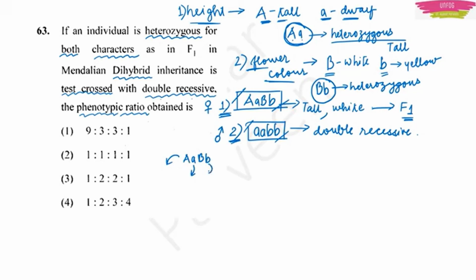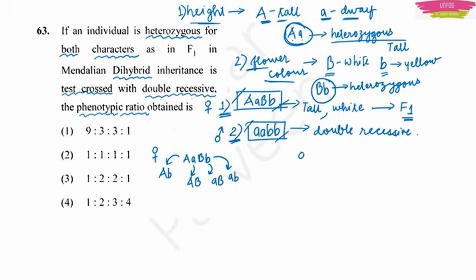I'll tell you a trick. Four gametes will form all in all. First we write capital A, small a, and next small b, capital B, small b. So these are our gametes for the female parent.